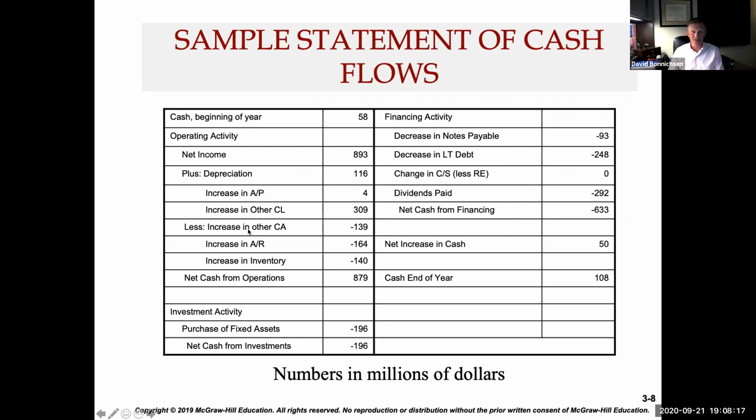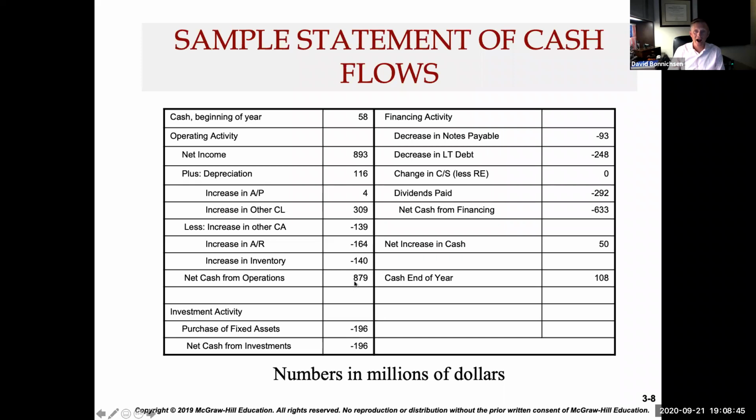Our increase in other current assets went from 264 to 403, which is a change of 139 negative because it's a use of cash. Our AR went from 992 to 1156, so our AR increased by $164 million, use of cash, negative. Our inventory went up by $140 million, negative, use of cash.